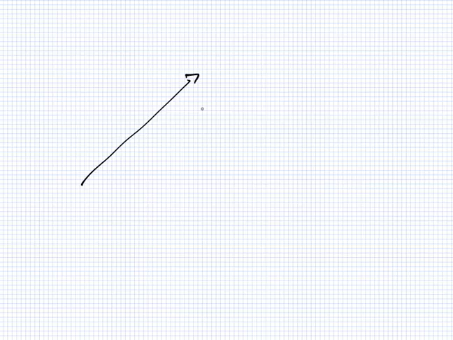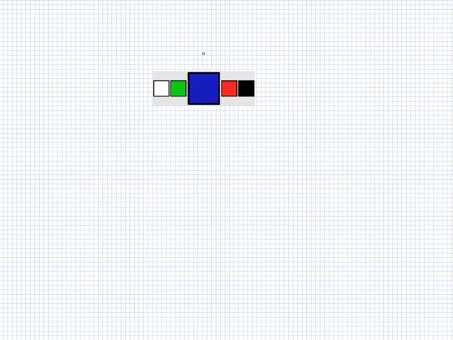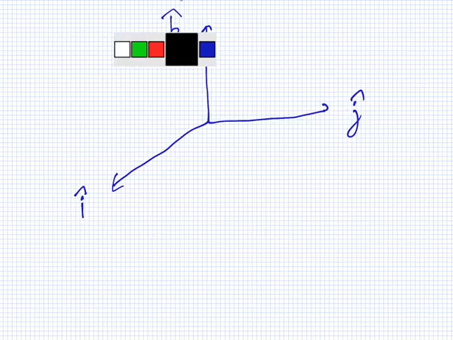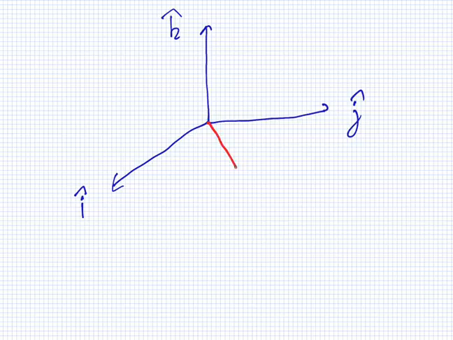So here's one vector. Let's try my very best to draw 3 dimensions. I, J, K. So in red, this vector here, it's on the ground.